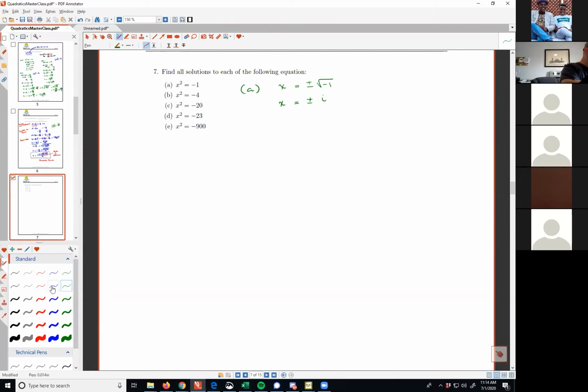So if i squared is -1, what is the quantity 2i squared? -2. It's not -2. -4. Is it 4? It's -4. Okay. What is the quantity 4i squared? -16.